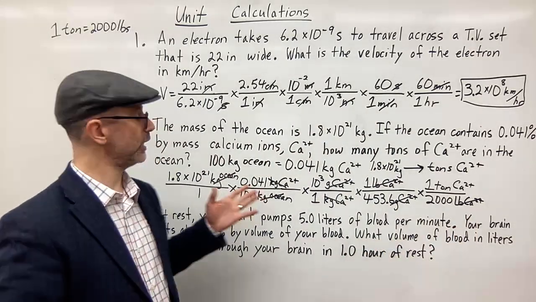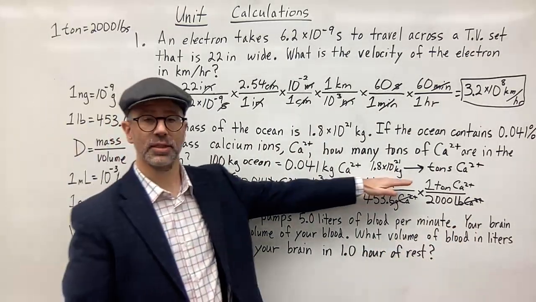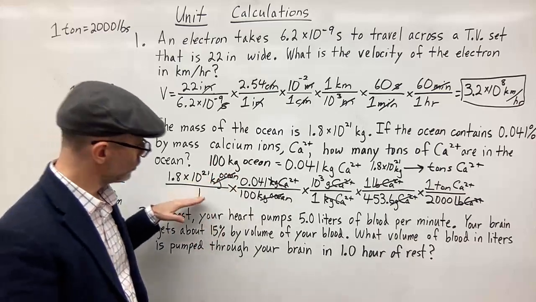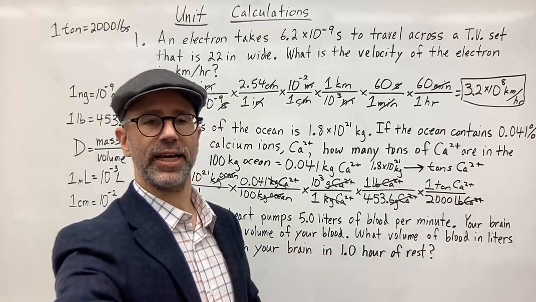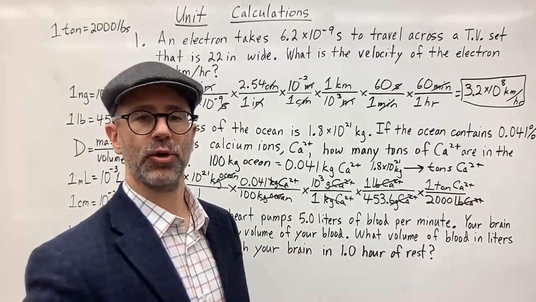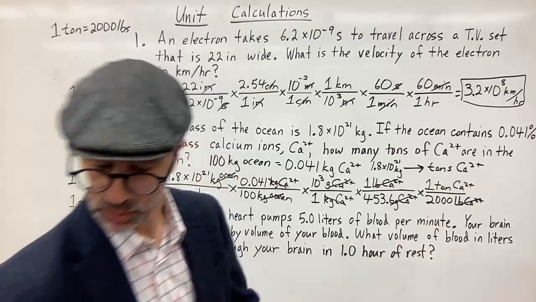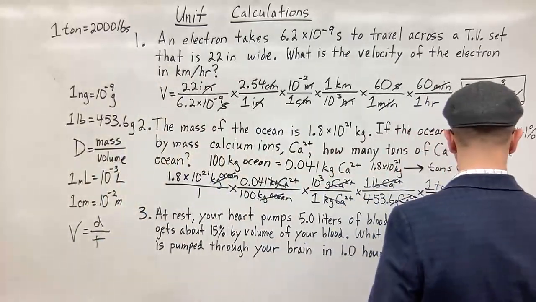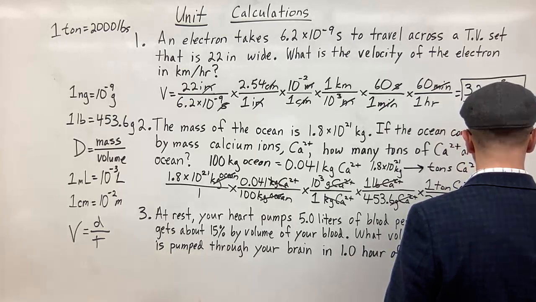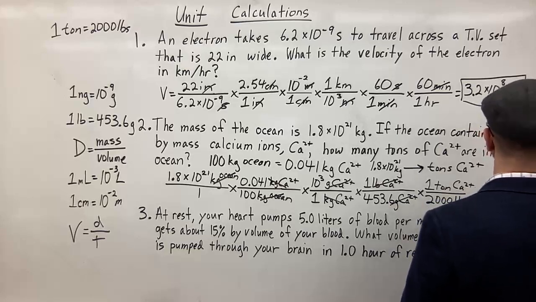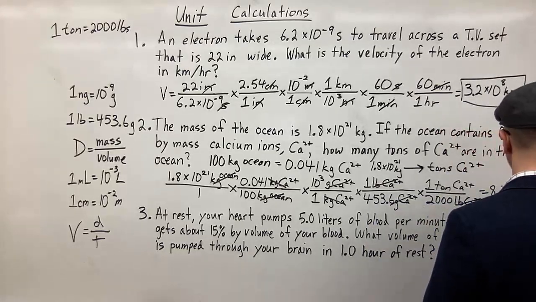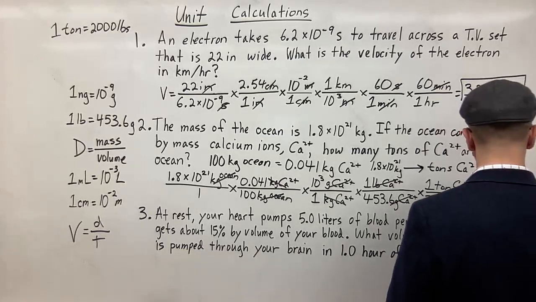So now all I need to do is multiply across by everything on top, divide by everything on the bottom, and I get my answer. And when I do that, I get 8.1 times 10 to the 14 tons of Ca2 plus.